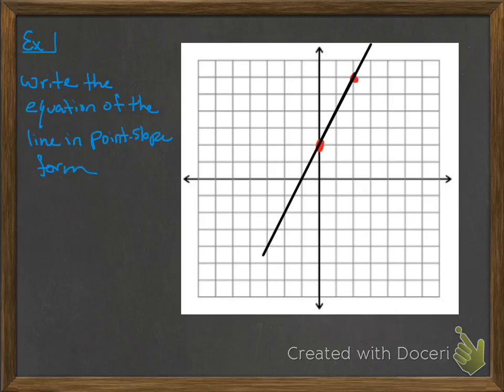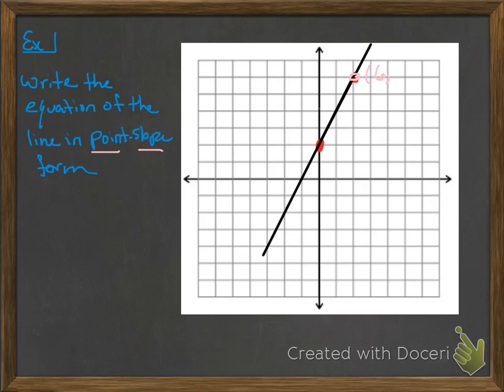Alright, one more here. And this is if we're given a line. So we want to write the equation of a line in point slope form. So I want to find my slope and I want to find a point. I have 2 different points I could use. I have one up here, and that's 1, 2, 3, 4, 5, 6.